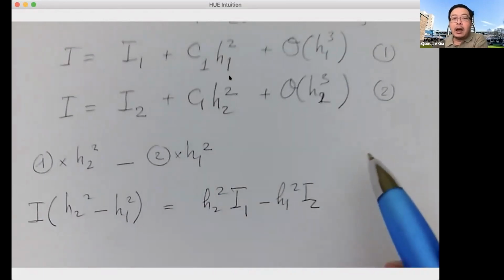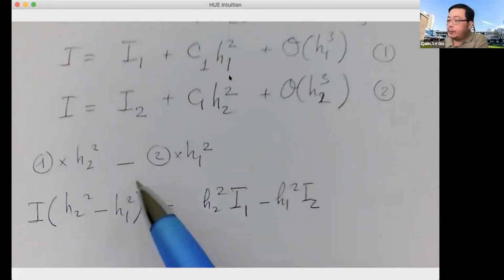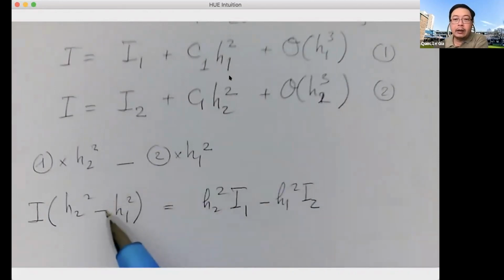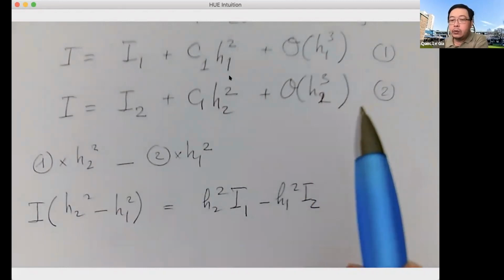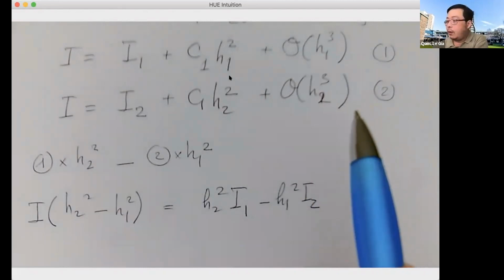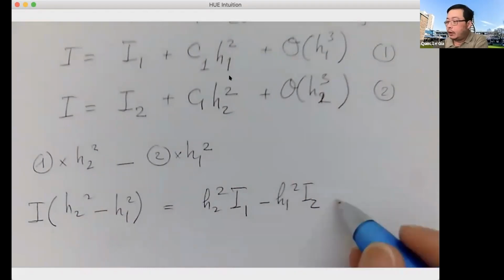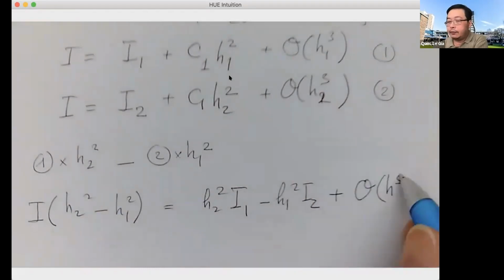Now if I multiply equation 1 by h2 square, I get h1 cube multiplied by h2 square. But if I take h to be the maximum of the two, h1 and h2, then I just have something like O(h5).